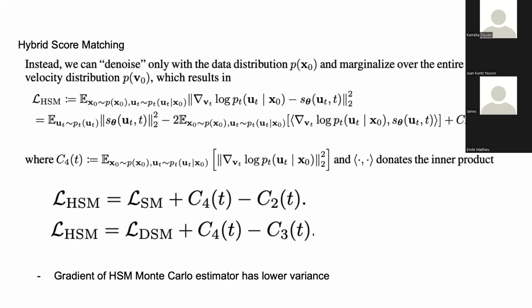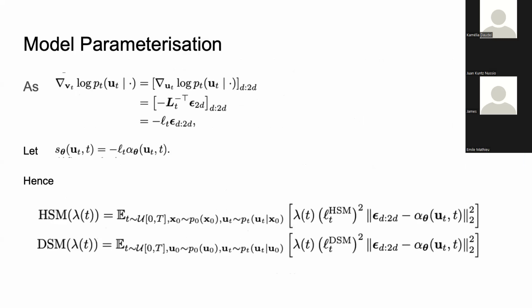Which I think, again, is quite nice. What else do they do? The other innovation, if you like, is how they parameterize the neural network itself, because they noticed that the score term should be close to the Gaussian of the noised data. If you take the score of the Gaussian distribution, you get something like this, which is essentially some Cholesky L times your Gaussian noise.